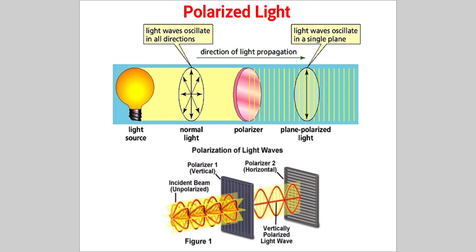If light is moving in only one direction, only then is analysis possible, and only then can we observe the different types of fringes in the photoelastic model. Whatever light comes out from the polarizer is called polarized light. So before the polarizer, the light is considered ordinary light. After the polarizer, the light is considered polarized light.